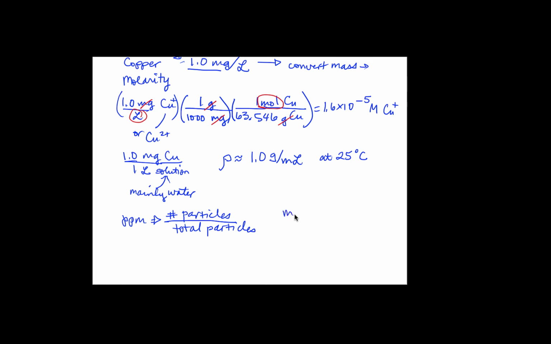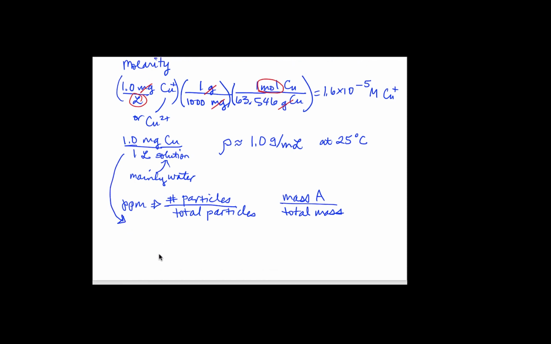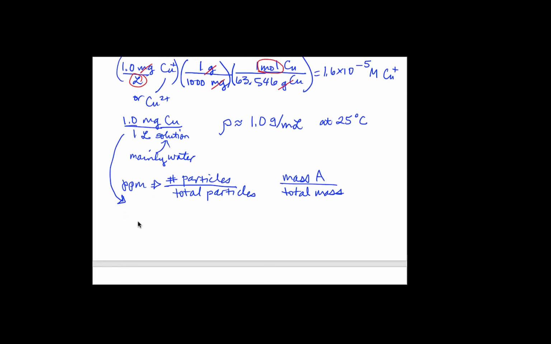It can also be mass of one thing divided by the total mass, just like we would do with percent. So if we start going into mass units, because this is in milligrams already, then if we assume that the density of water is approximately 1 gram per milliliter, let's try going into grams and grams.